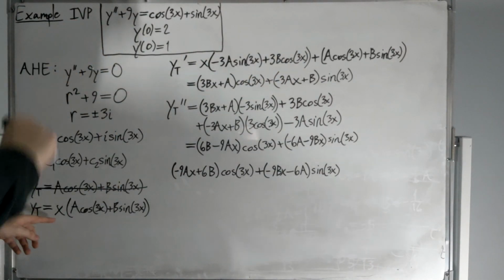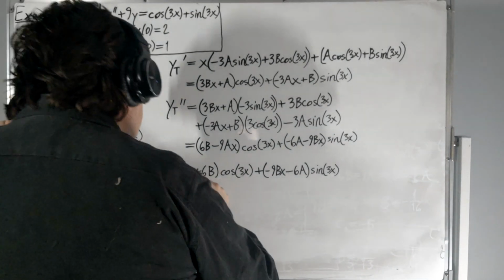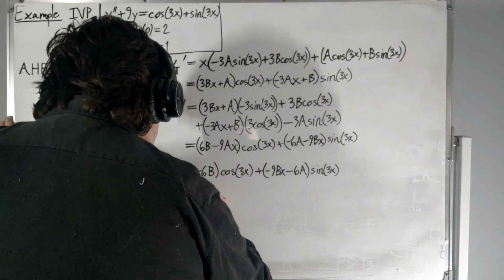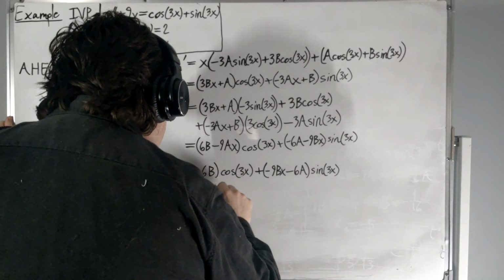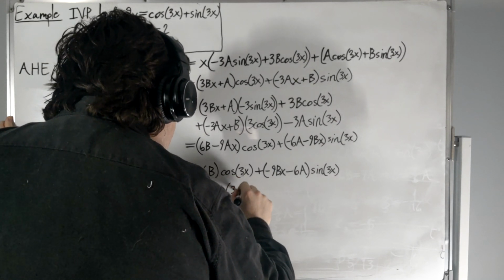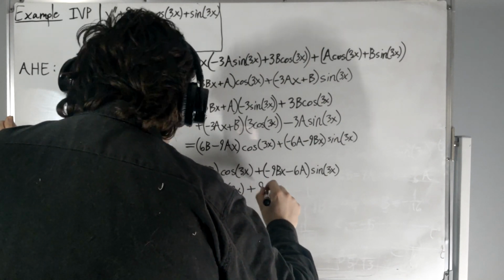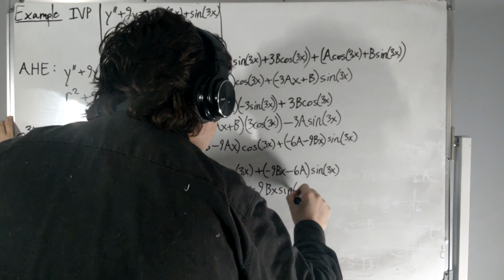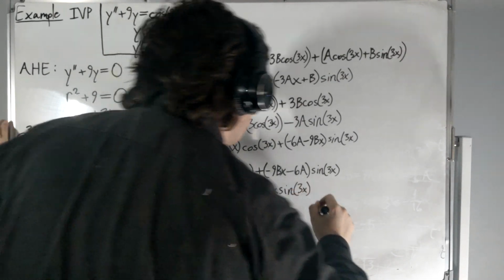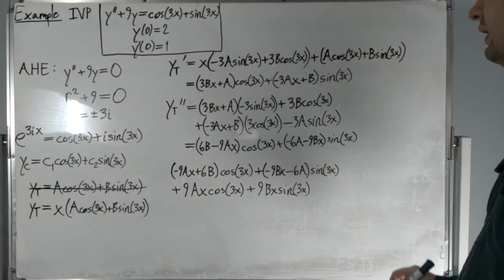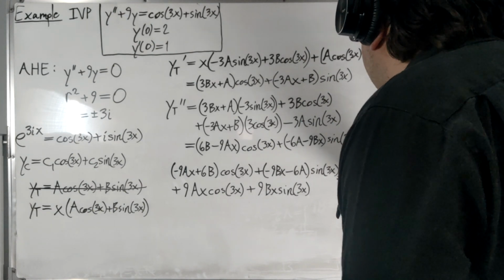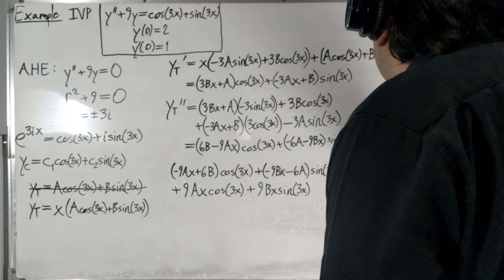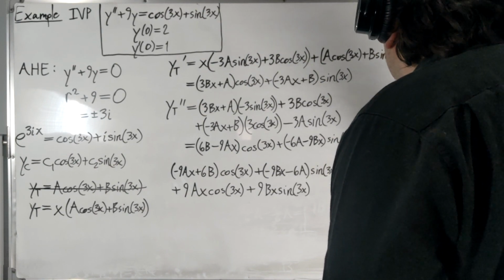Then add to that 9 times the original, so add 9ax cosine of 3x plus 9bx sine of 3x. And all of this together should be cosine of 3x plus sine of 3x.